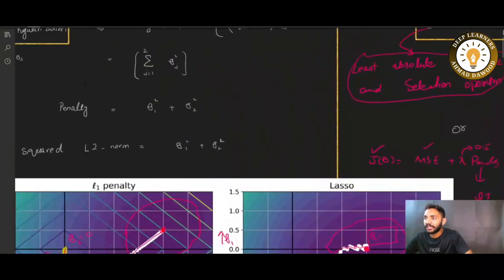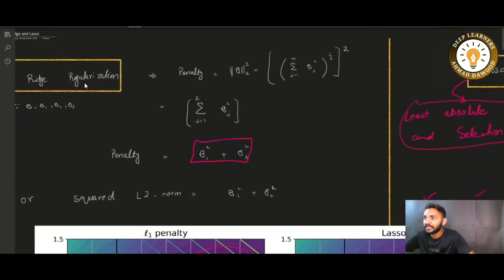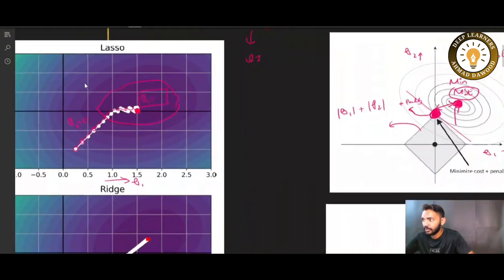Here you can see we add theta 1 square plus theta 2 square. So in the case of L2 penalty, our cost function will be mean square error plus lambda times theta 1 square plus theta 2 square. Now we will see how it works.